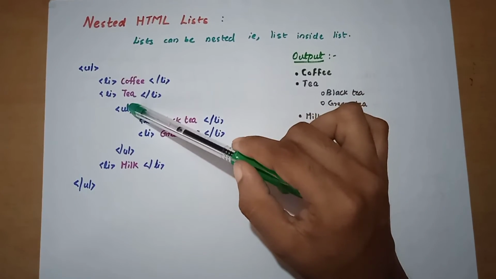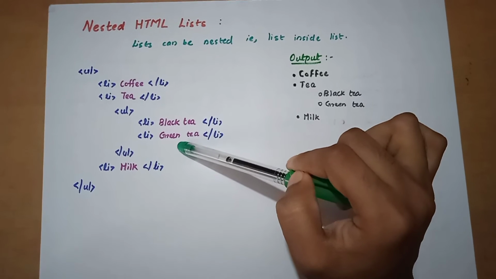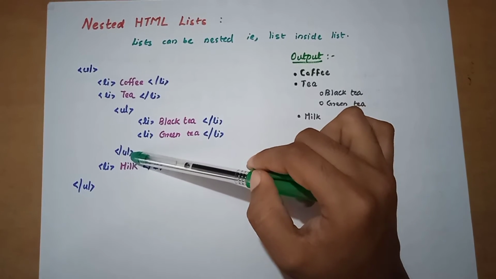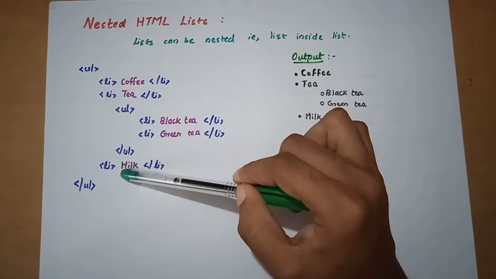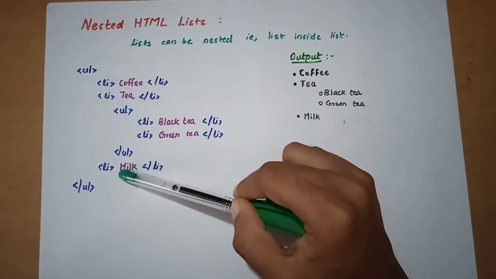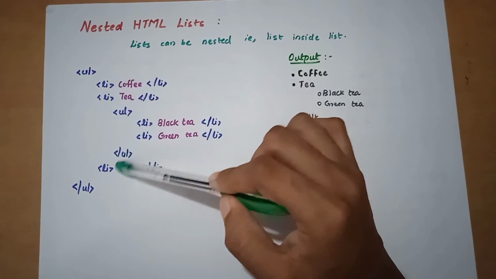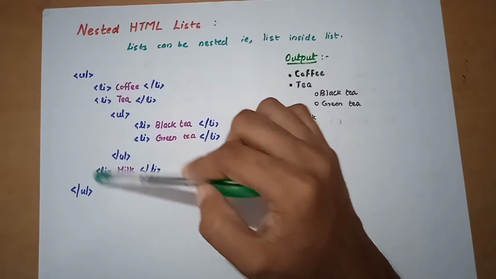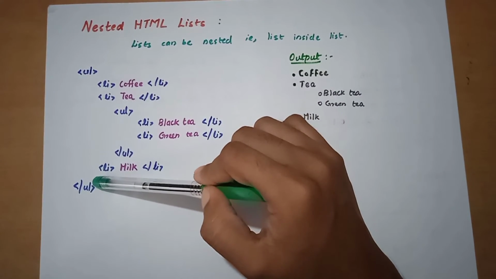Then, since I added everything to this first nested list, I close it here. Then I have another type of drink that I want to list, so I used a normal LI tag with milk as the list item. Then, completing all this, I closed my UL tag.